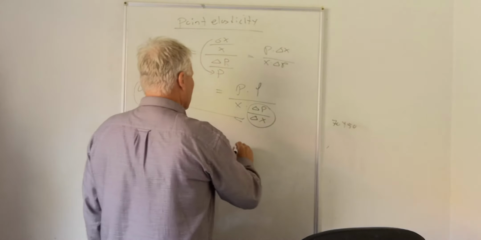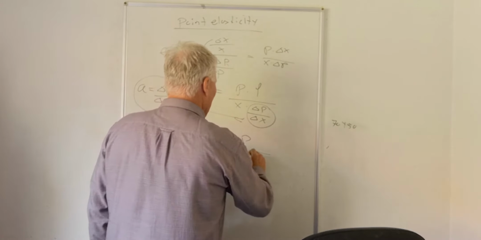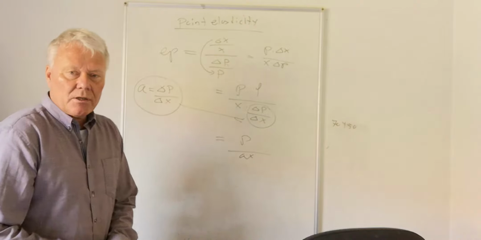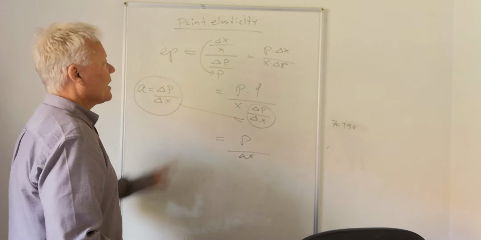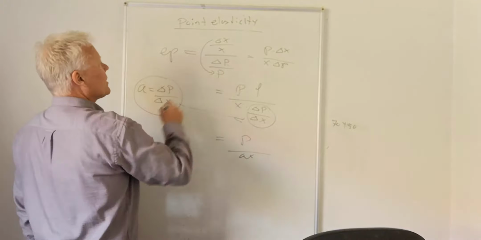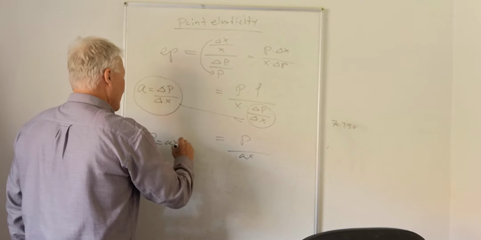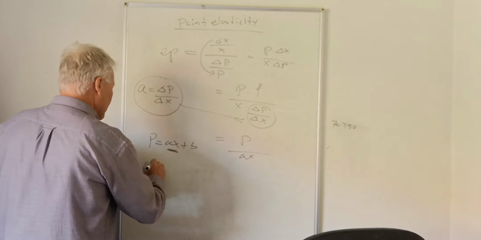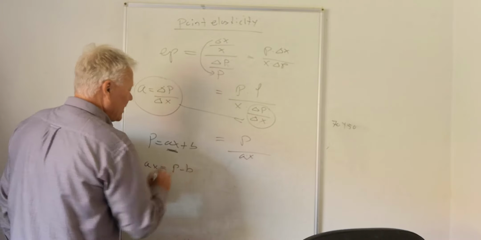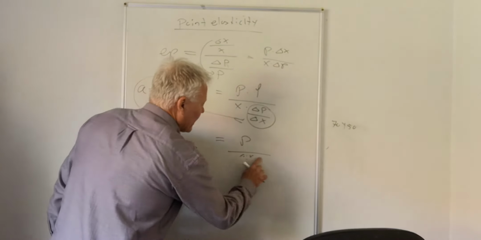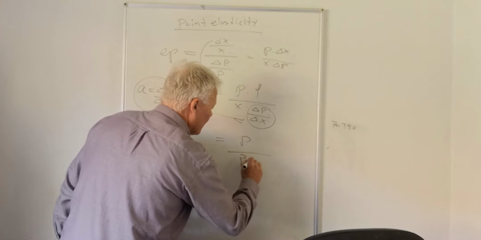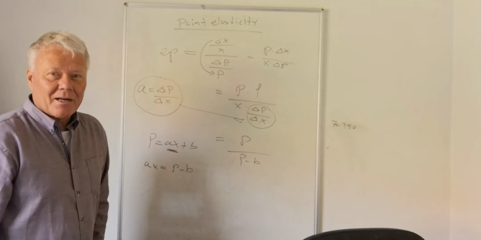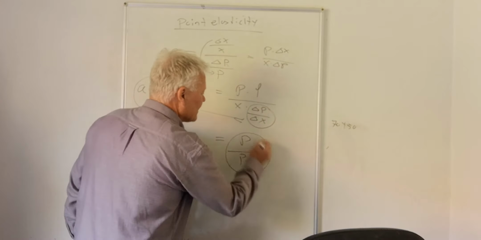So P is actually the same as 1 over the slope times the number of units sold. To make it even easier, if you have an equation, you can use that P is equal to AX plus B. So if I isolate AX, I know that AX is equal to P minus B. So I can erase that one and replace it by P over P minus B. And that's the point elasticity.